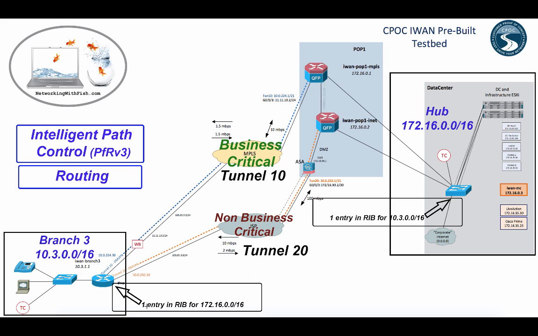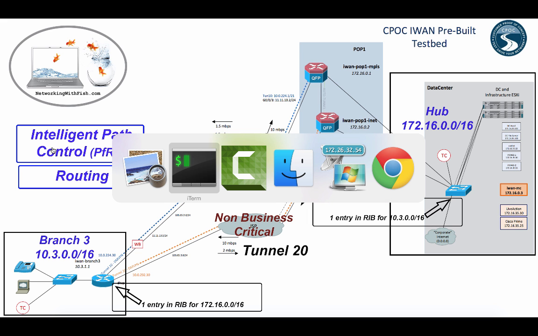Now, of course, with one entry in the RIB for 172.16.0.0/16, and that is still pointing out tunnel 10, how do I send anything out on tunnel 20 destined for 172.16.0.0/16? Again, the intelligent path control. Let's look at this.